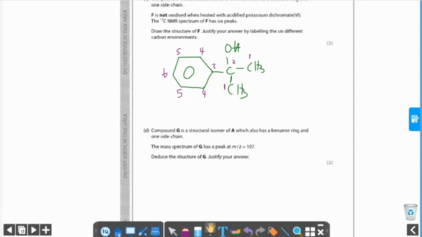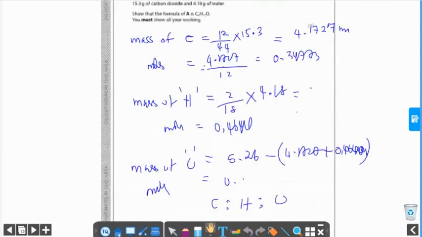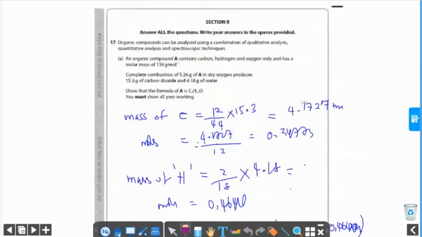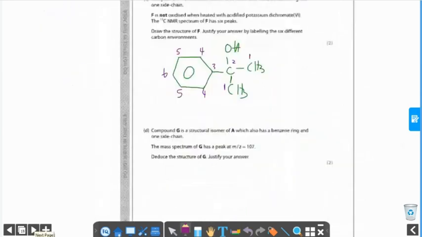Now, what is the molar mass of this whole compound? At the beginning of the question, it is mentioned as 136 grams per mole. So now you got the mass spectrum peak at 107. So 136 minus 107 will be 29.